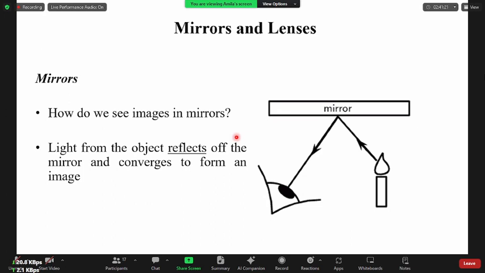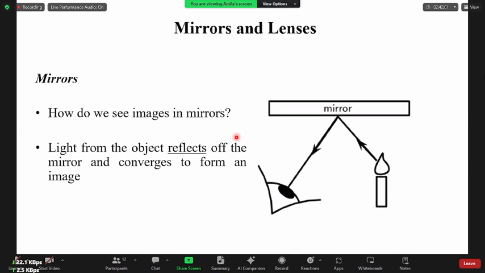So how do we see images in mirrors? If you keep something in front of the mirror, you can see it. Actually, every day before coming to the campus, you get ready with the support of a mirror. So how do you see your hair, your clothes? What phenomenon supports this, reflection or refraction?